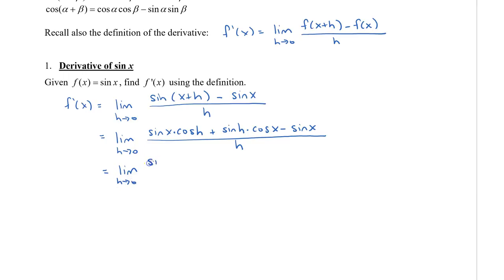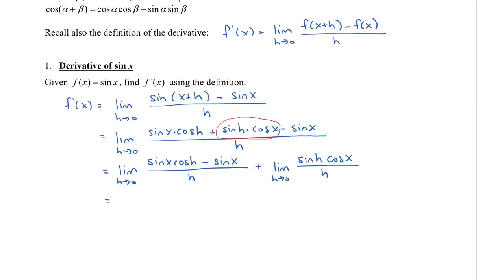I'm going to take my sine x and my cos h, and move that together with my last term, my minus sine x, all over h. And then I'm going to add, as a separate limit, this part over here: sine h times cos x, also divided by h.